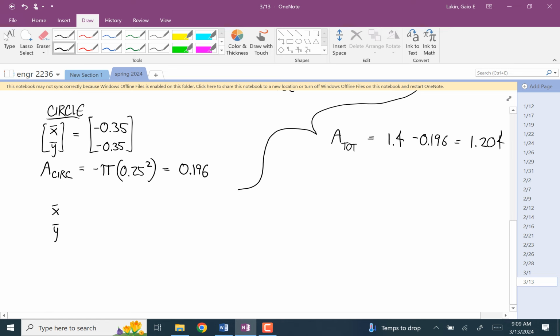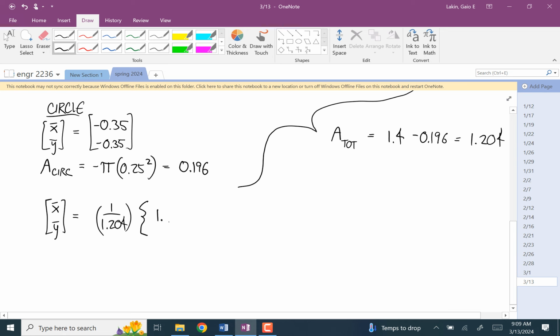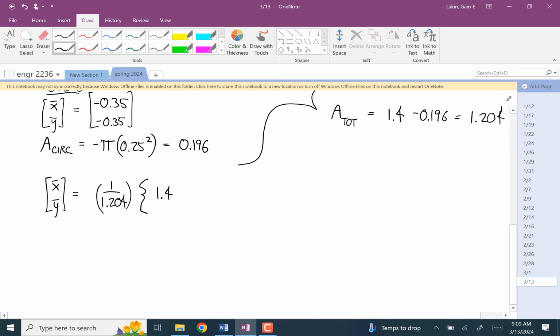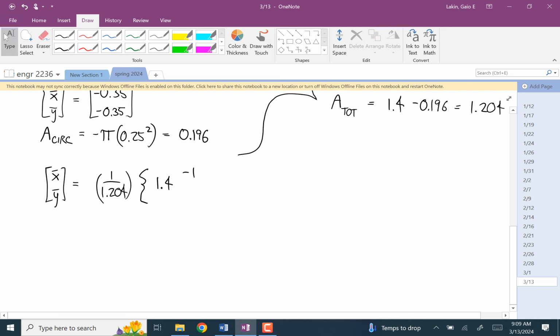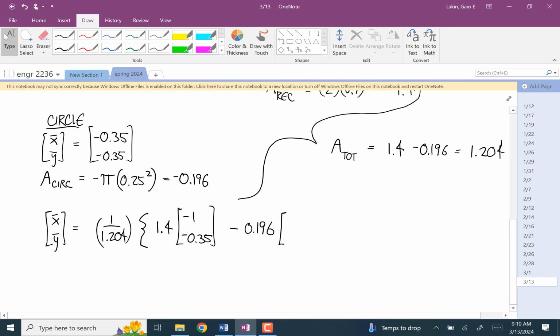So the total centroid is 1 over 1.204 times 1.4 times the centroid of the rectangle minus 0.196 times the centroid of the circle.